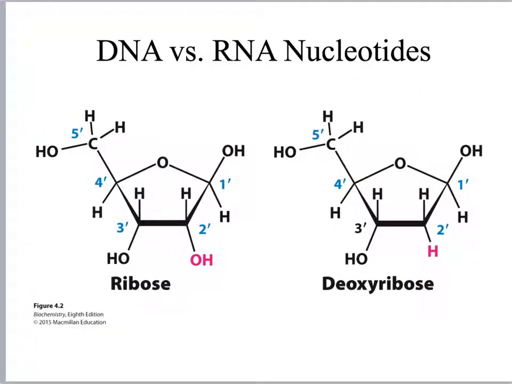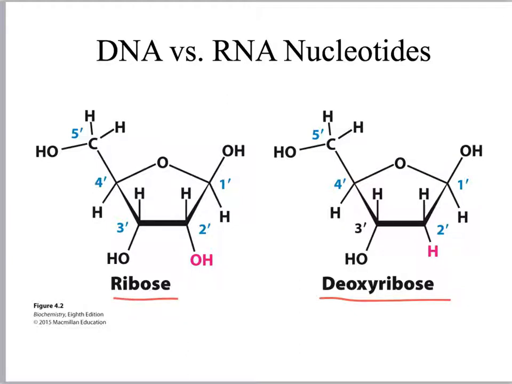So we do want to differentiate between DNA and RNA. And the main difference here is going to be the structure of that sugar that's present. So it's the sugar component that is going to differentiate between the DNA and RNA. DNA utilizes deoxyribose, while RNA utilizes the ribose.